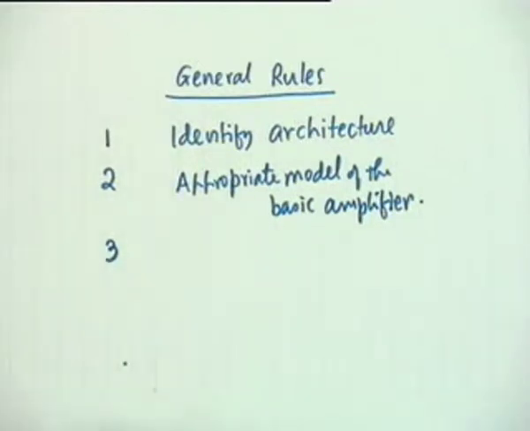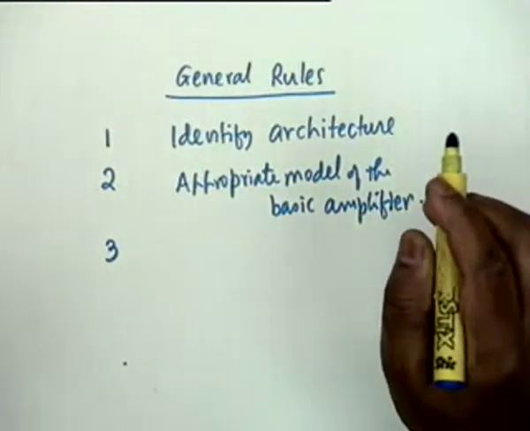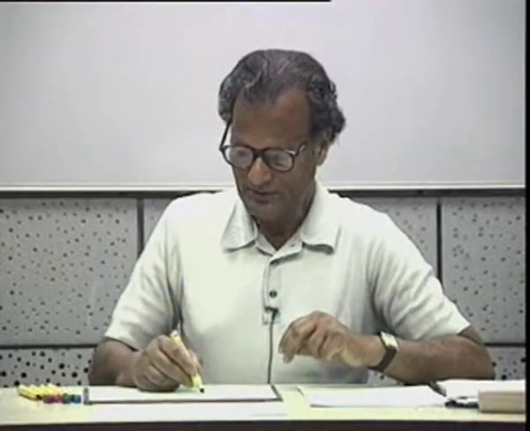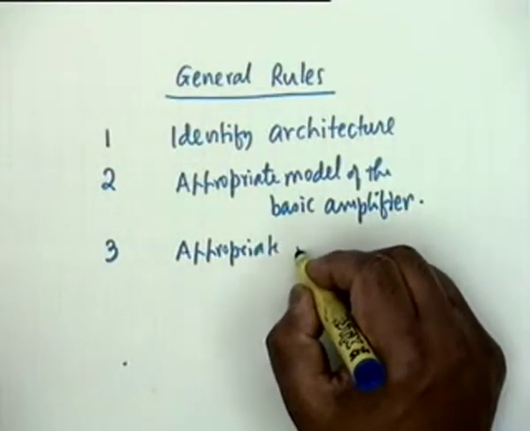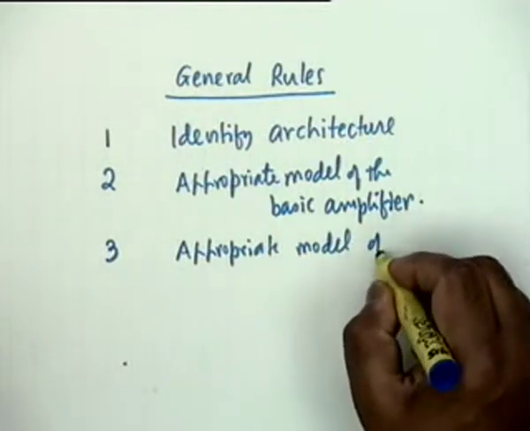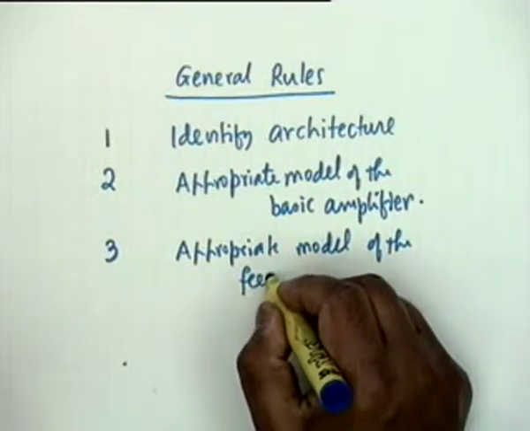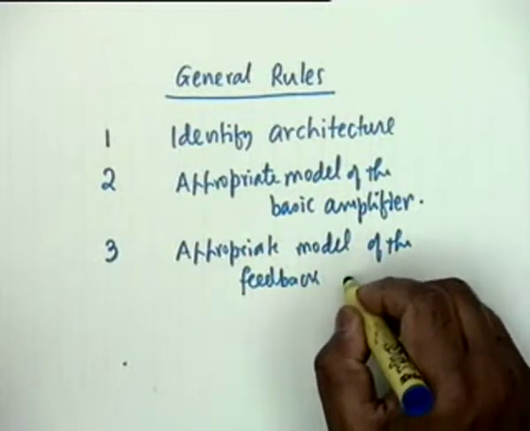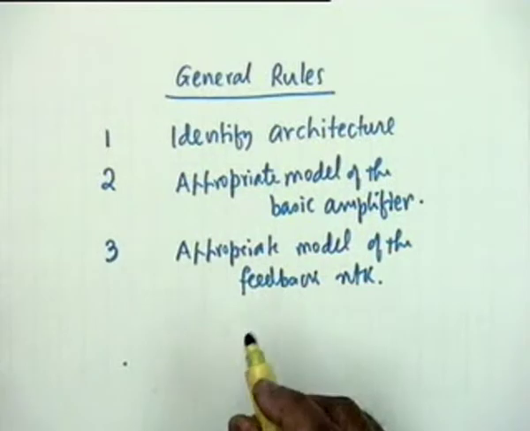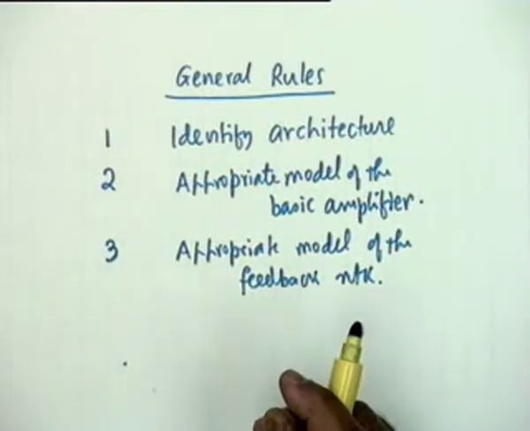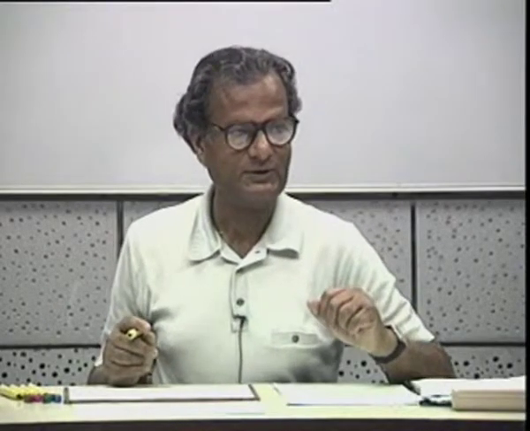Third, depending on the architecture, you take an appropriate model of the feedback network. For example, in the series-shunt that we considered, why did we take the H parameter model?